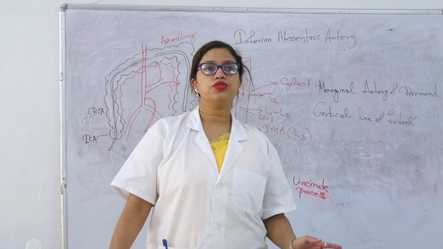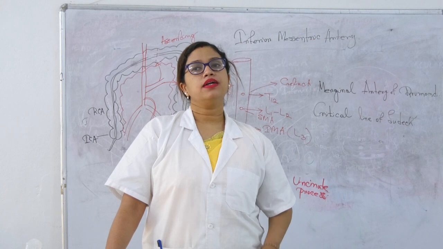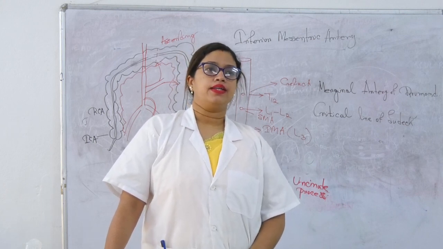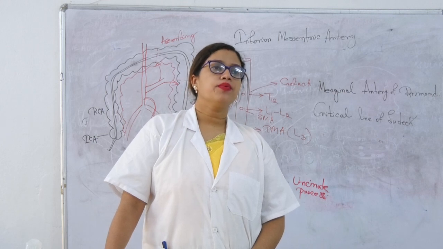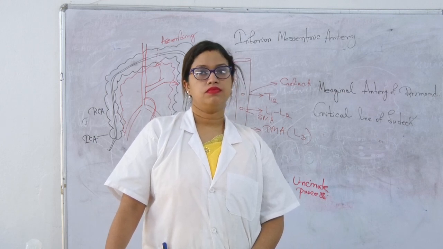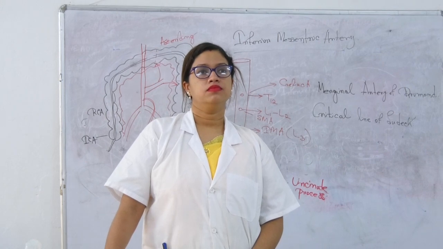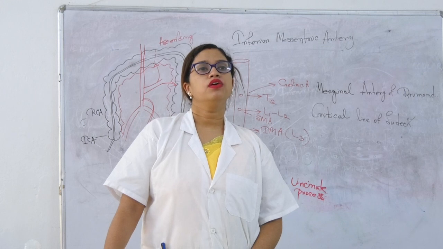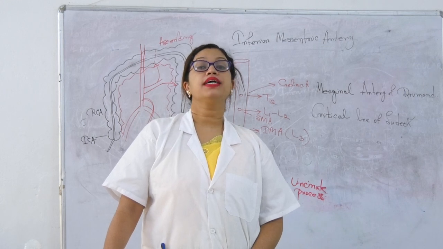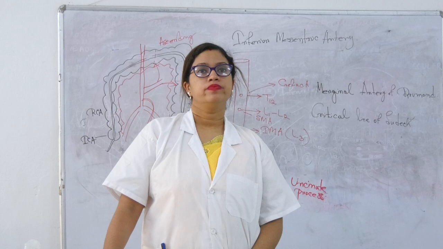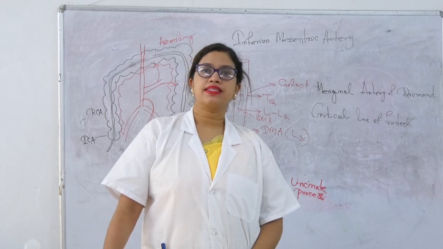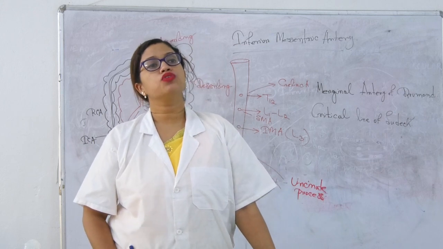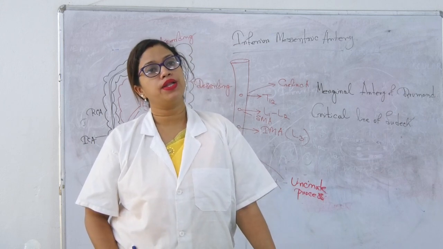These are the lateral branches. Then the terminal branches are external and internal iliac arteries. Any other artery that is a branch of the abdominal aorta? By dissection you have seen, one artery will be found on the anterior abdominal wall, that is the inferior epigastric artery. Inferior epigastric artery is also a branch of the external iliac artery.